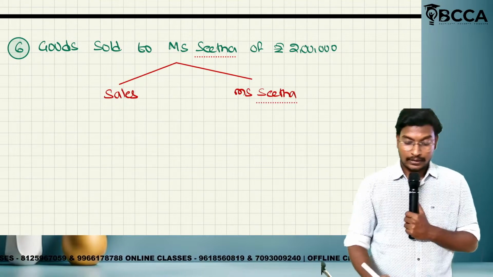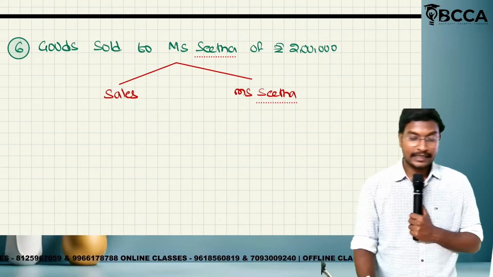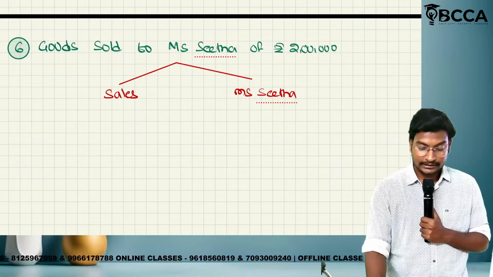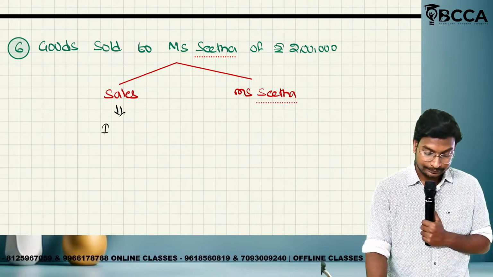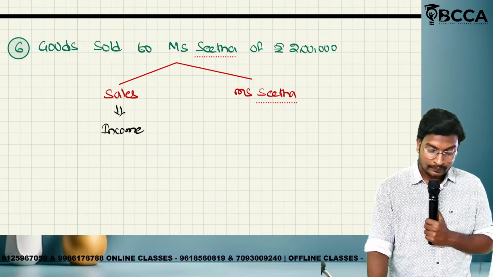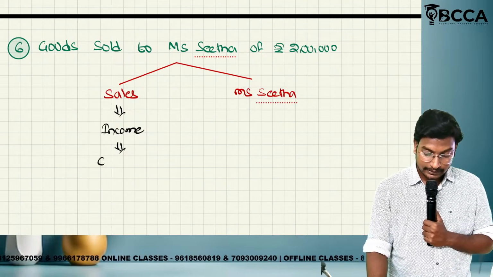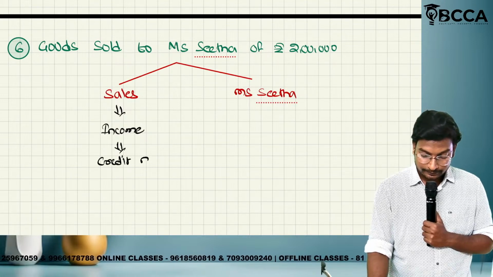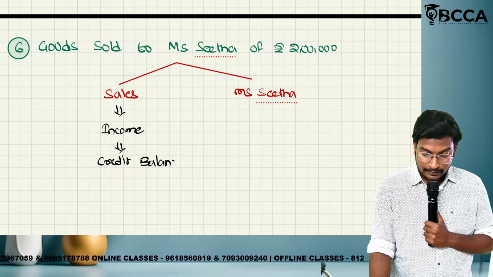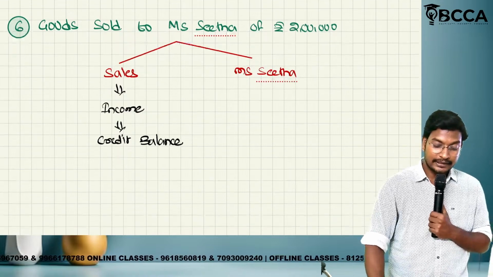Okay, sales. Sales means income or expenditure? Income. Income, which balance? Credit balance.